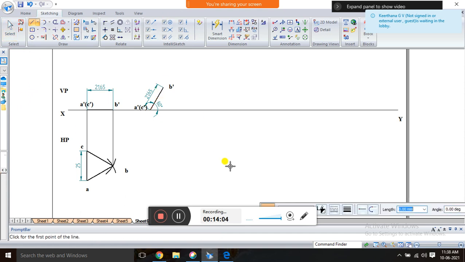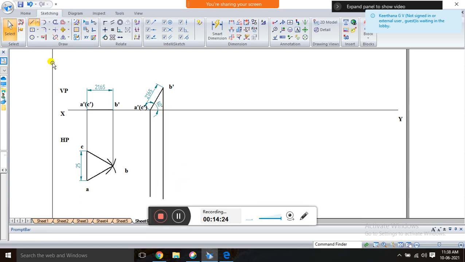So to get that top view, you have to project the points. This is very important. With the help of a scale, project the line vertically. Here also, same thing, project the line vertically.